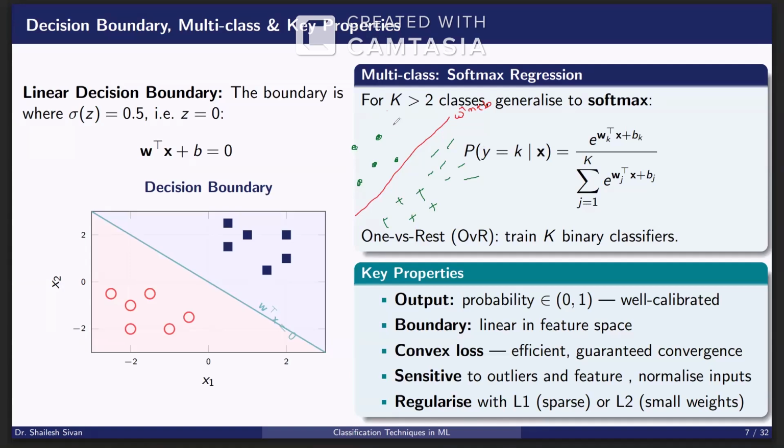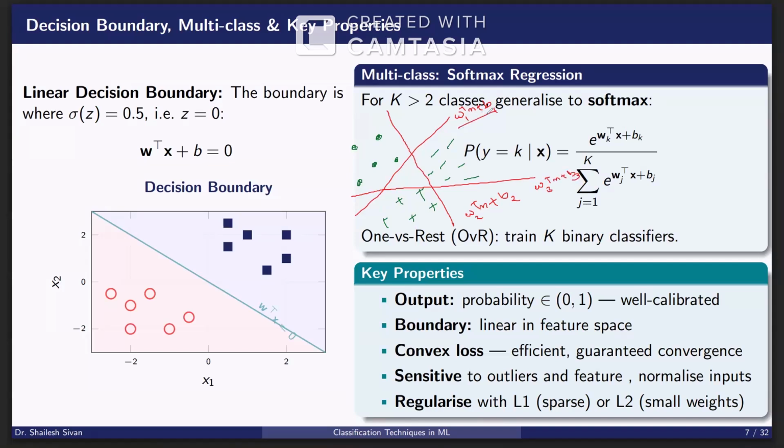You will also find another W transpose X plus B, maybe W1, B1 and W2, B2, and also we will find another line W3 transpose X plus B3, right?